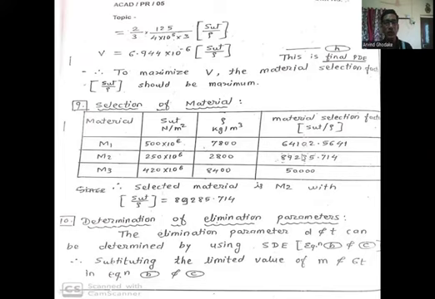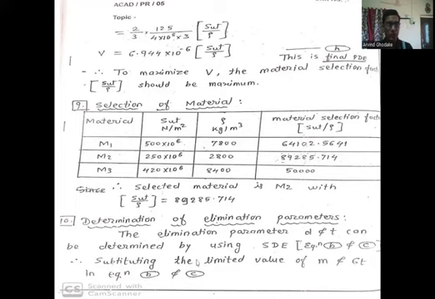So the maximum value of the material selection parameter is considered. So M2 material gets the maximum value, that is nothing but 89,285.714. So this will be less and this will be again less. So the material with the maximum selection parameter, ratio of SUT upon rho, is selected.